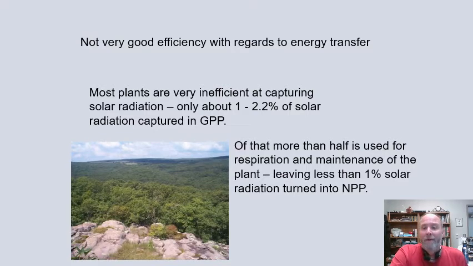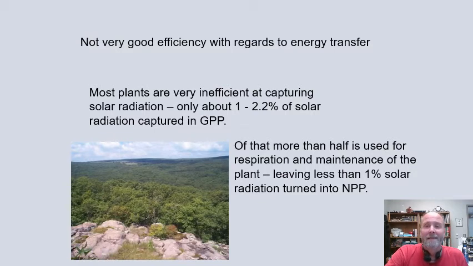And more than half of that is used for respiration or some of that maintenance, which means that our net primary productivity is about a 1% to 1.5% efficiency rate. That's the amount of solar radiation hitting the Earth's surface that actually gets converted into carbohydrates, available in the form of biomass for primary consumers to eat.